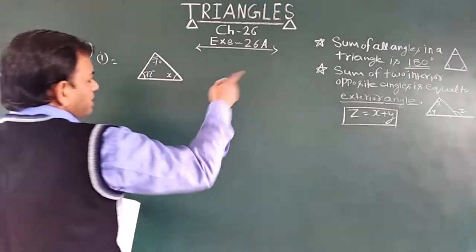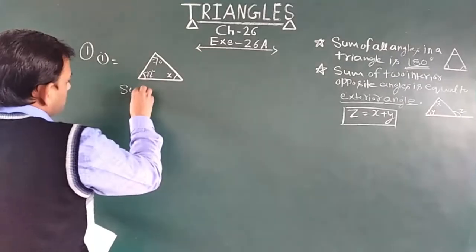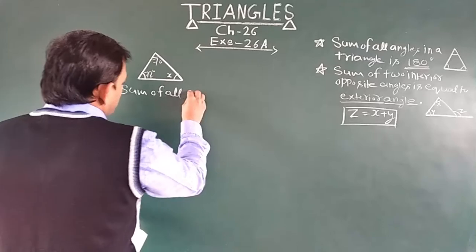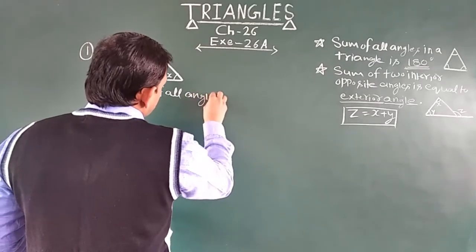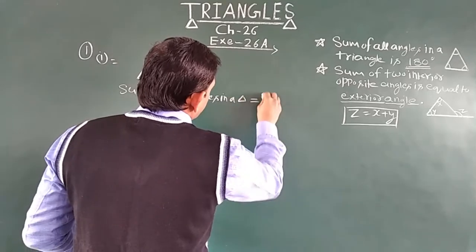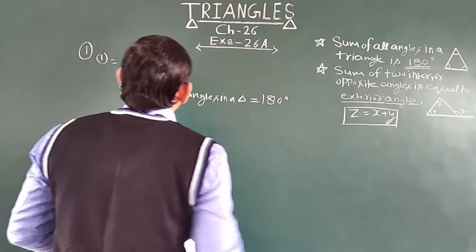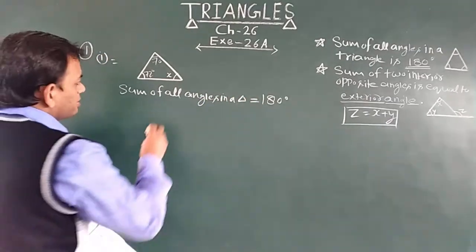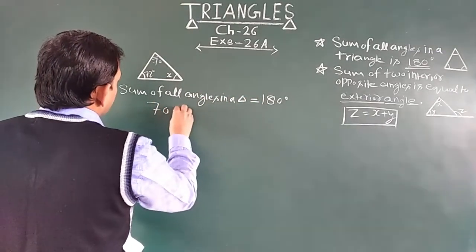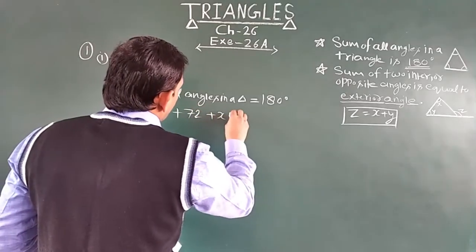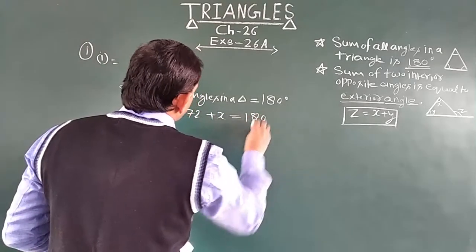As you know, the sum of all angles in a triangle is 180 degrees. So this plus this plus this will be 180 degrees. Got it? So 70 plus 72 plus x is equal to 180.